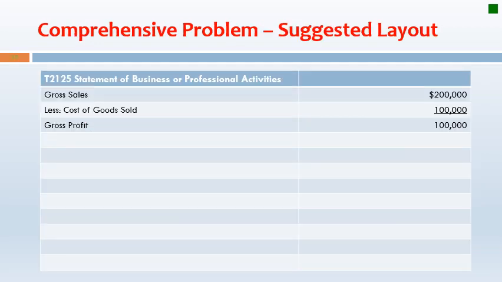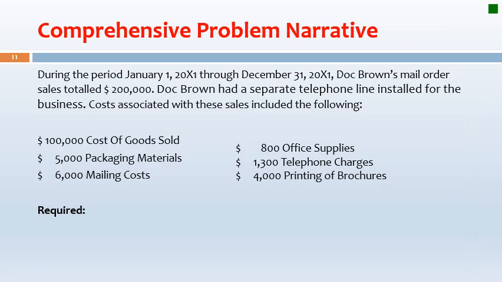All right, so here we have Doc's T2125, his statement of business and professional activities. We've included the sales. We've deducted the cost of goods sold here for a gross profit of $100,000. Now the rest of the expenses that he's incurred look like legitimate business expenses. The only question mark I'd say here is maybe the telephone charges.